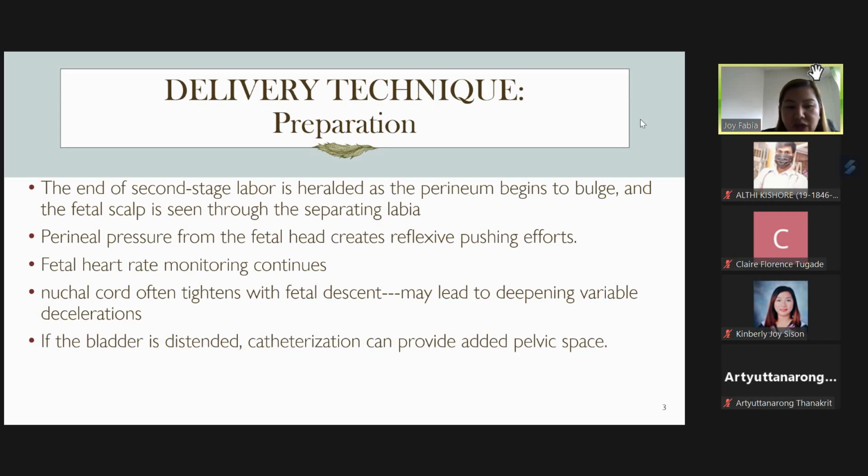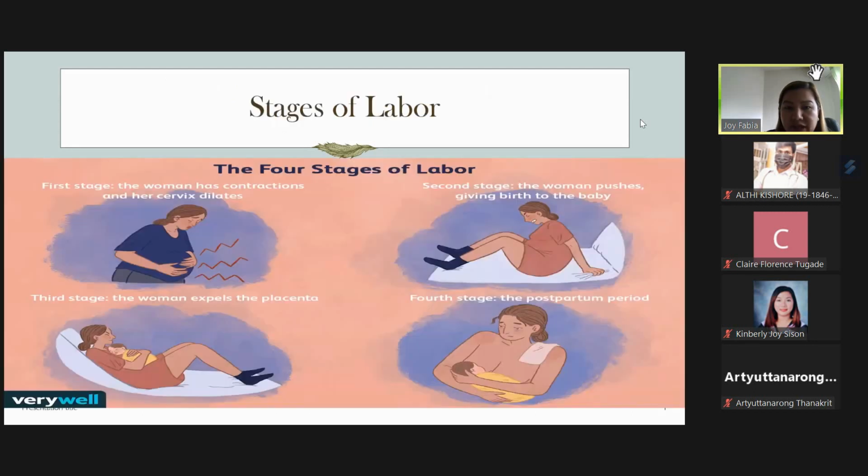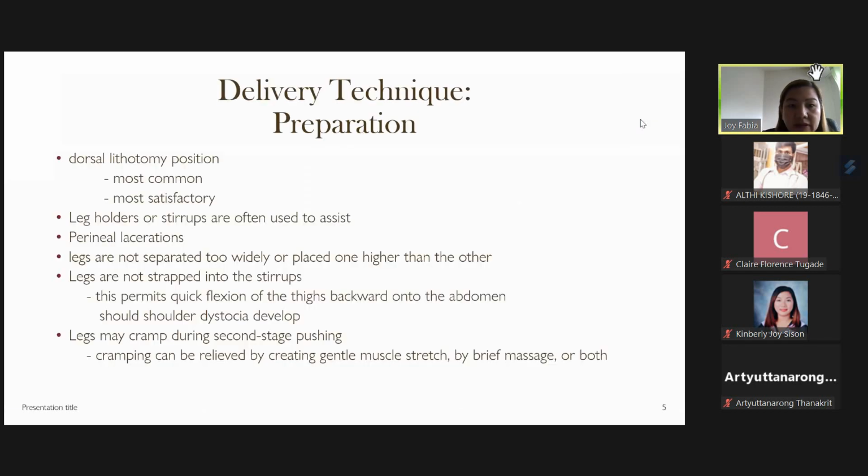So during umbilical cord compression, during fetal descent, and since the nuchal cord tightens, then there is a variable deceleration. We should also take note about bladder distension. So once the bladder is distended, we must catheterize it so that it can provide added pelvic space during labor and delivery. So ito yun. These are the stages of labor.